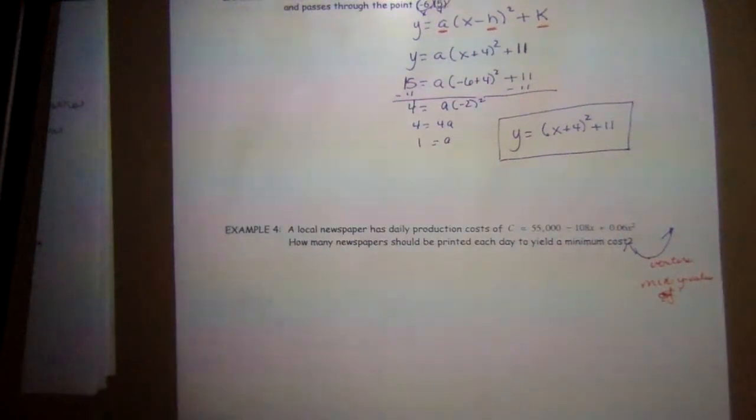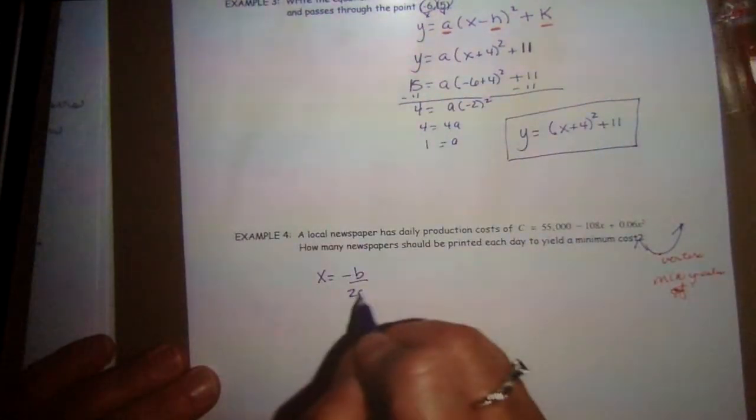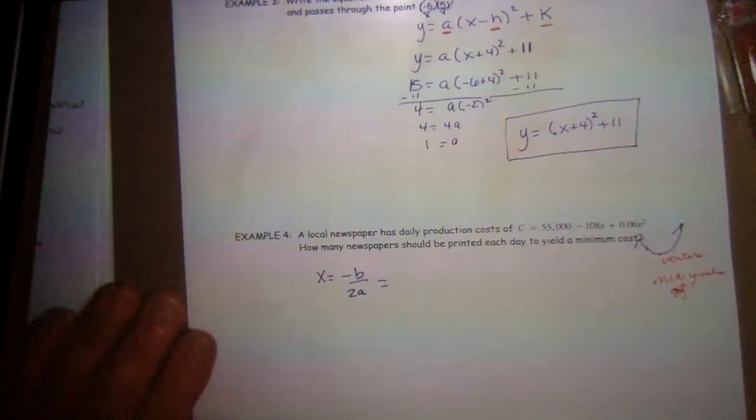So how are we going to do this? Do x equals negative b over 2a. So b is what?